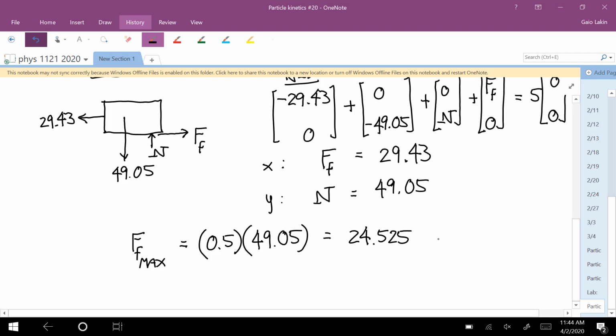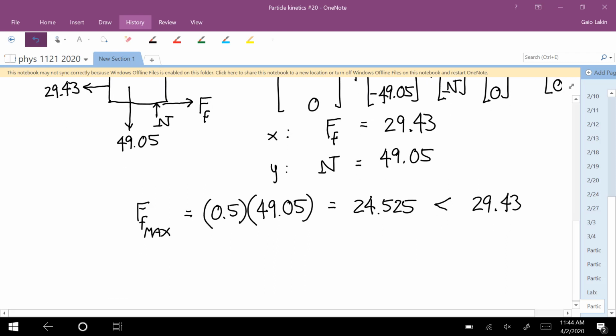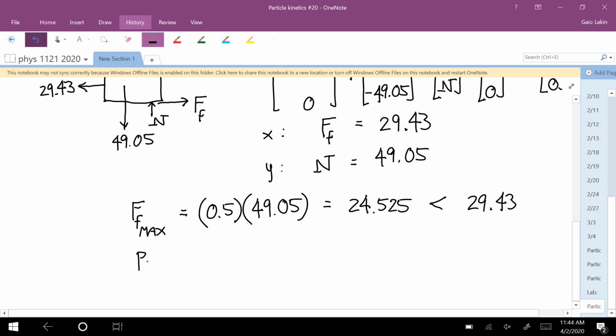And that is less than 29.43. So in other words, this amount of friction cannot provide enough force to keep these at rest. And so the box will move. Okay, so that's how to deal with static friction problems in general, and specifically number 20 in particle kinetics.